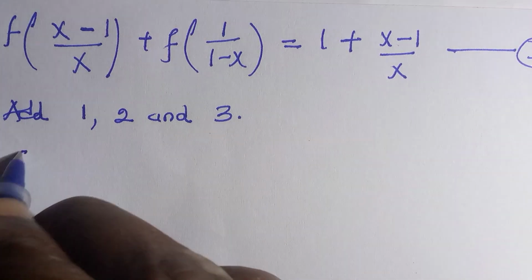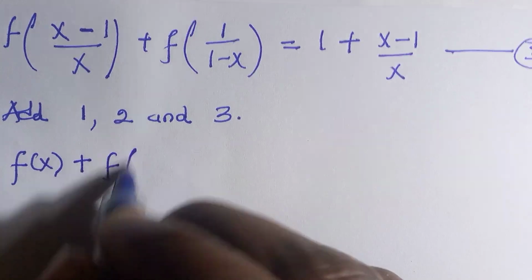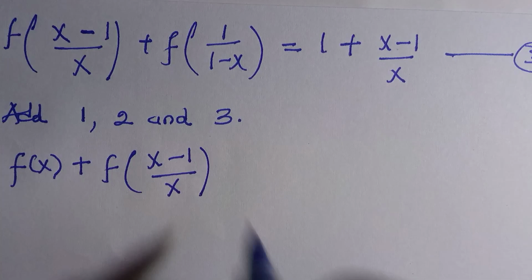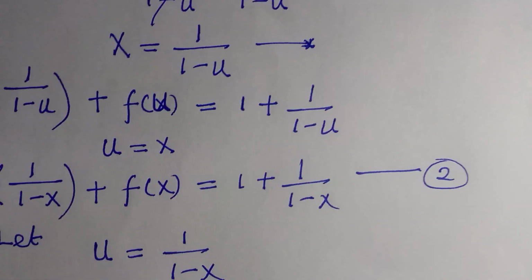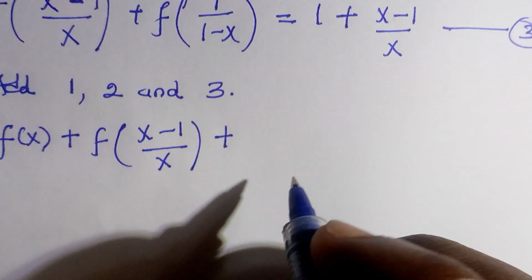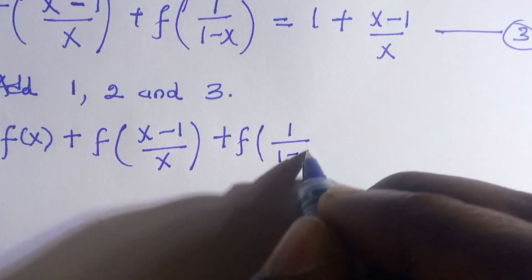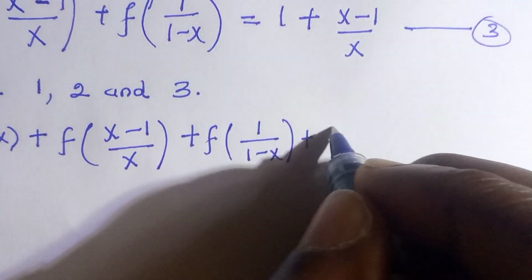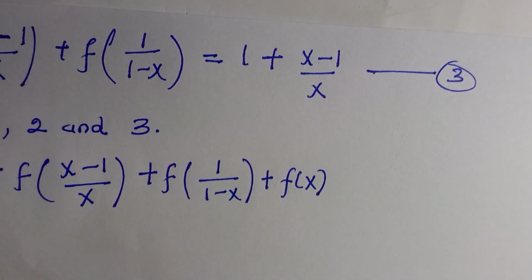So here we have f of x plus f of, I'm still referring to equation 1, f of x minus 1 divided by x. Then plus the equation 2, f of 1 divided by 1 minus x, and plus f of x, followed by equation 3.